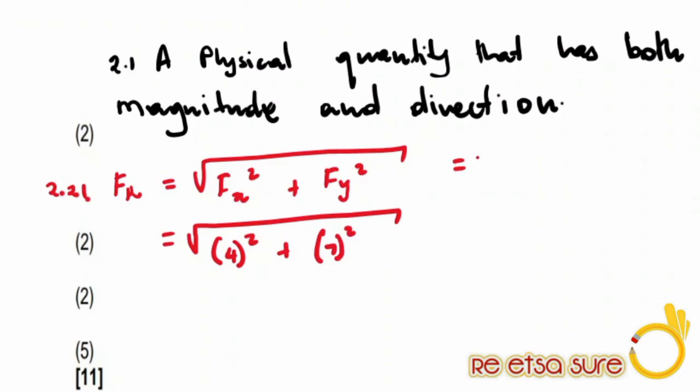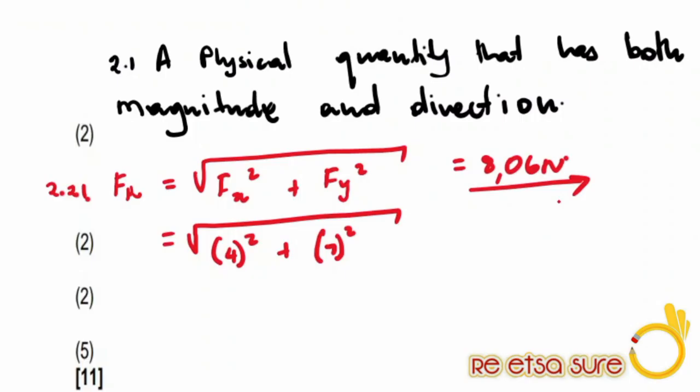So now let us put everything on our calculator. 4 squared plus 7 squared, and then square root of everything. I get something like 8.06 Newton.